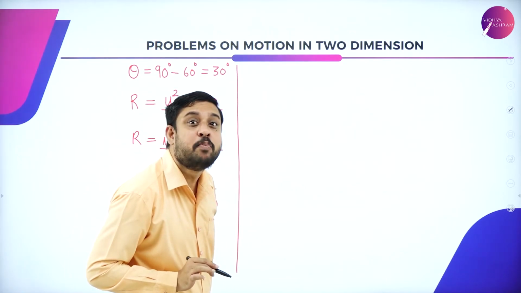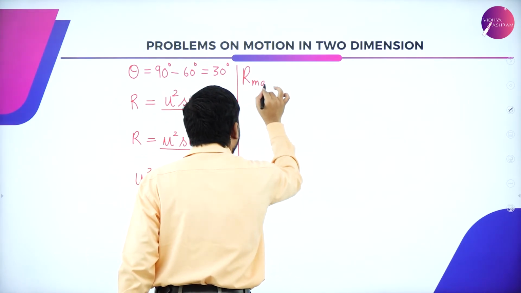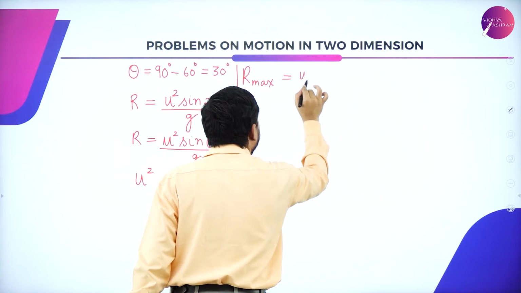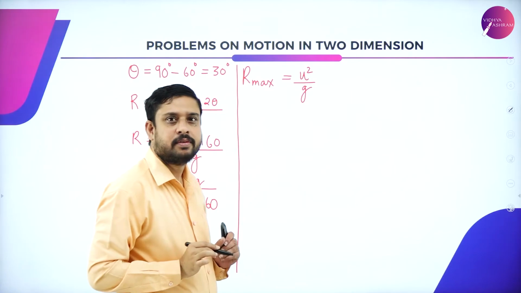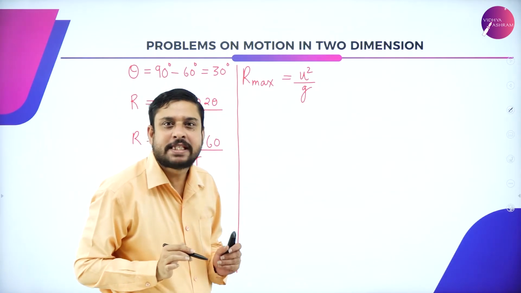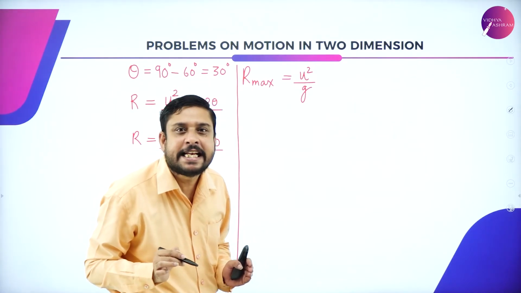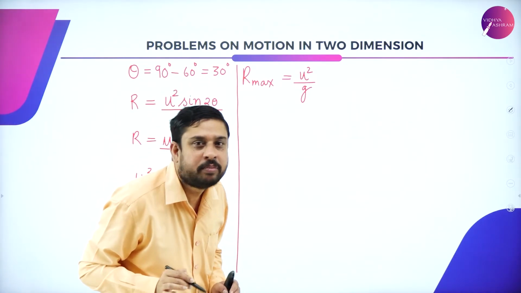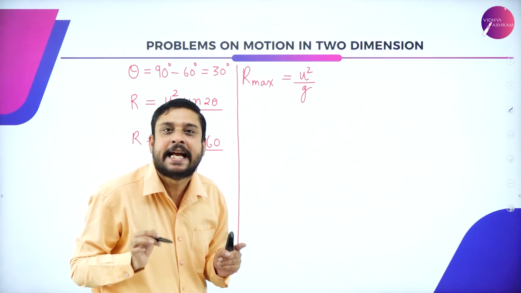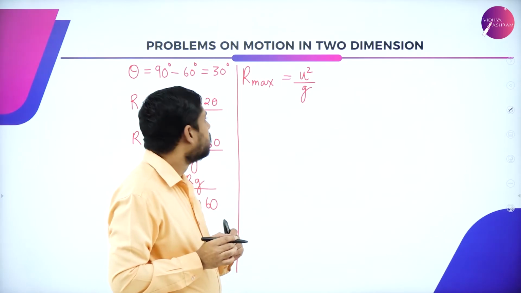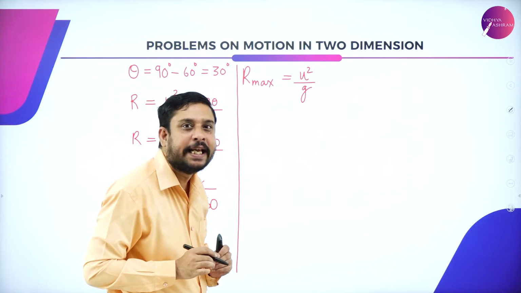Now, when is range maximum? So we have maximum range is u square by g. If you go back to the sessions, we told for an angle 45 degrees, range is maximum. So 2 into 45 is 90, sin 90 is 1. So maximum range is u square divided by g.